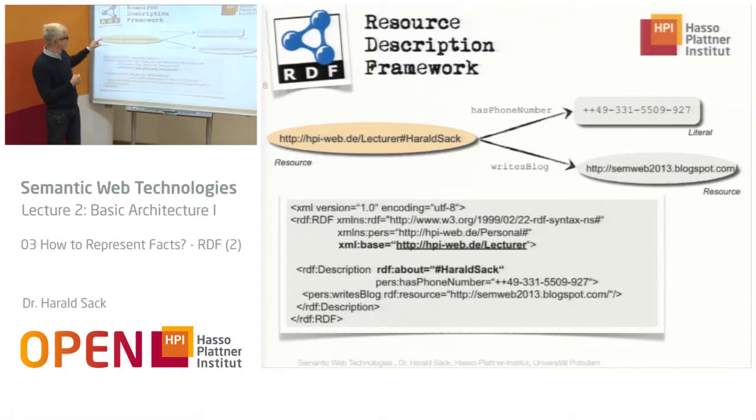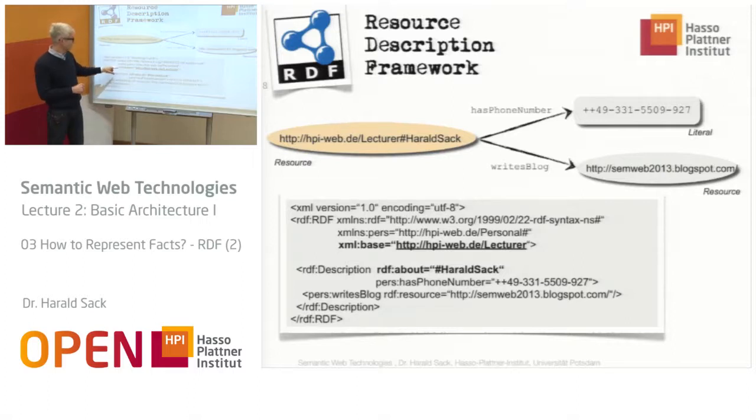And if you want to refer to this fragment identifier, then the XML serialization changes a little bit. So in the end, of course, I would have to use this entire URI to talk about myself. But as a shortcut, I can define a so-called base URL. I can define a base prefix that will always be used for all fragment URIs I am using inside this XML file.